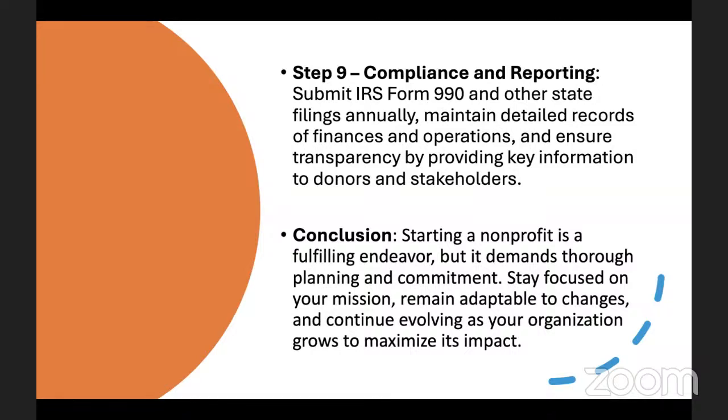Maintain detailed records for finance and operations to ensure transparency, of course, by providing key information to donors and stakeholders. For both sides, you keep complete records of any person or organization that helped, whether financially or with resources. All of that can be kept as resources to protect you and the organization's integrity.